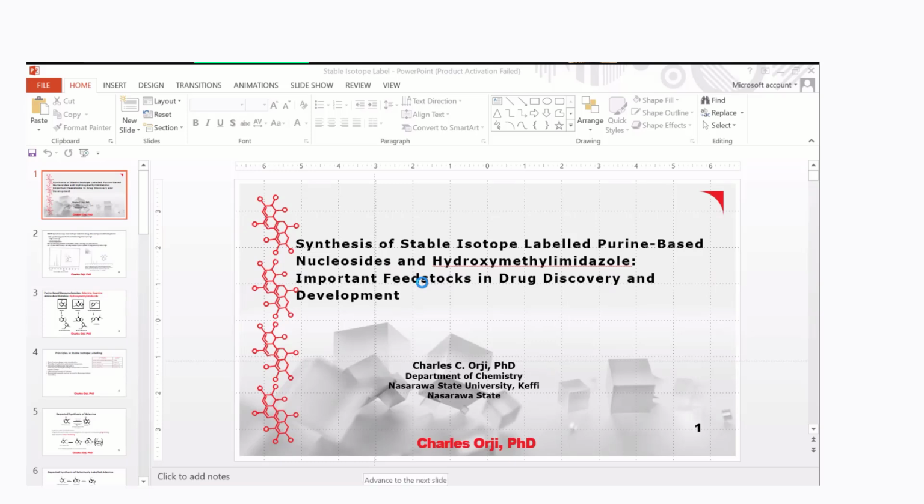So our project then is to devise a synthesis of adenine and then guanine, and then do an enzymatic ribosylation in order to have a sugar component of that.